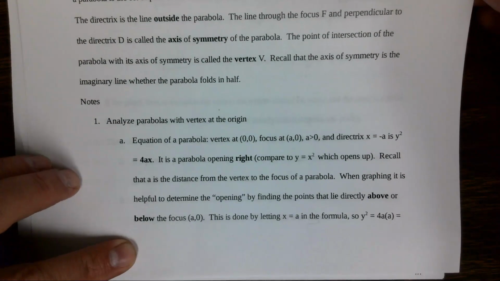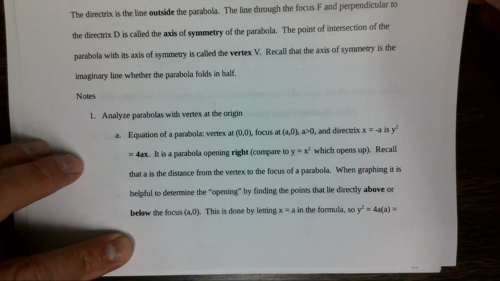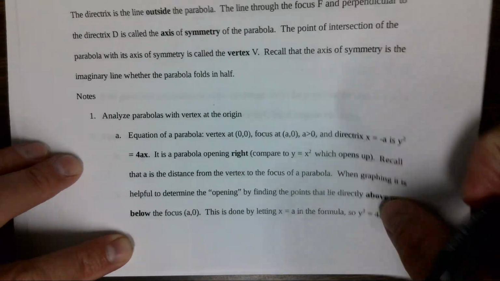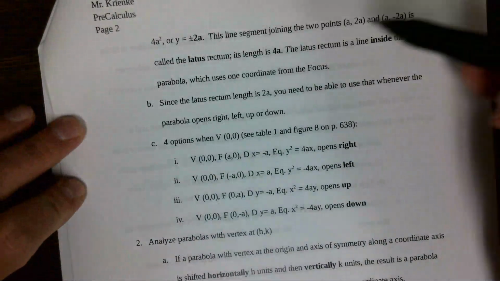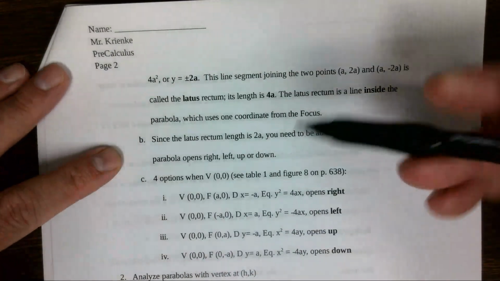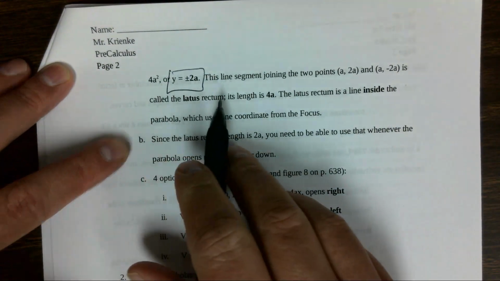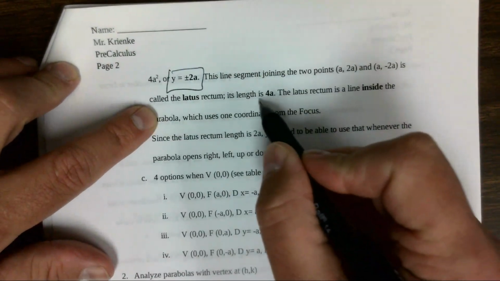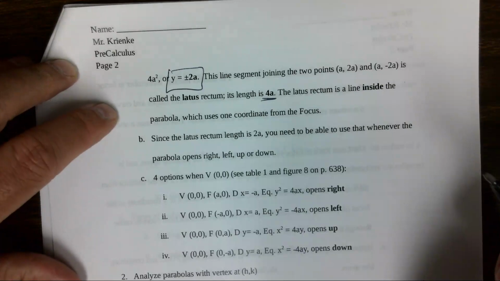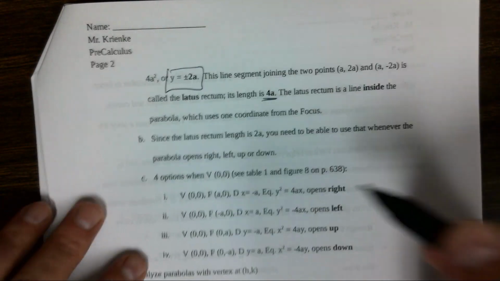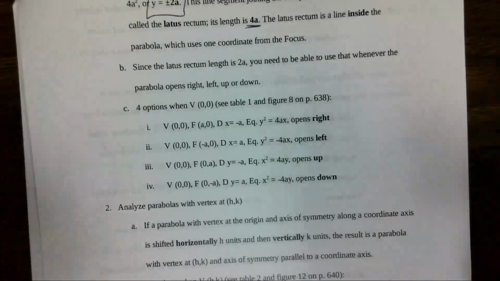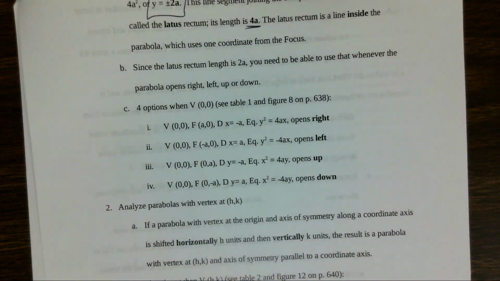The main thing is you do have some formulas, and they're showing you how they got the formulas. And then the bottom line is you're going to get plus and minus 2a, and then the distance is 4a. So let's look at page 638 so you can see what we're talking about.